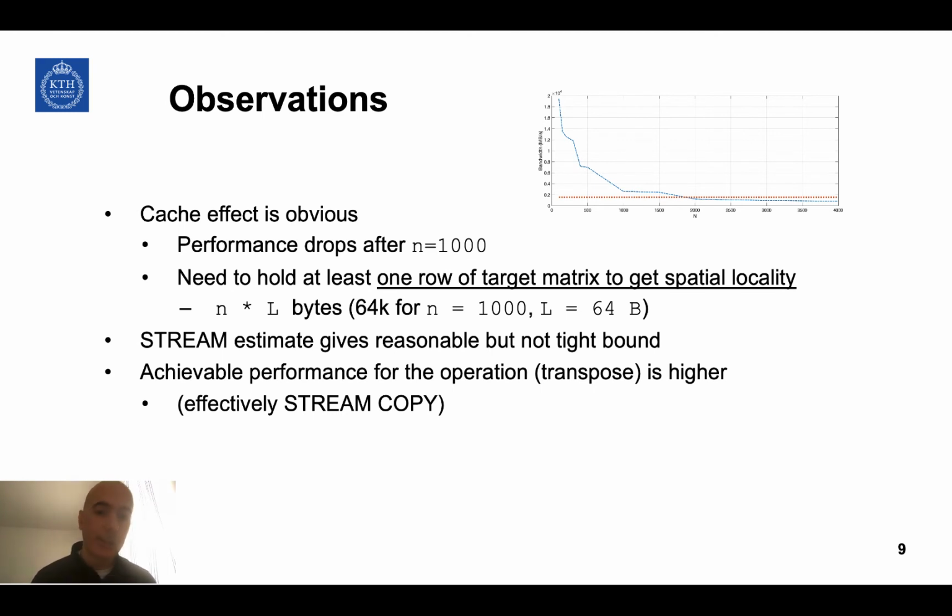In the case of n equal to 1000, this translates to 64 kilobytes, since L is 64 bytes. As you can see, just using the data that we got from STREAM, the estimate is actually quite good, but it is not tight, as you can see in this plot.